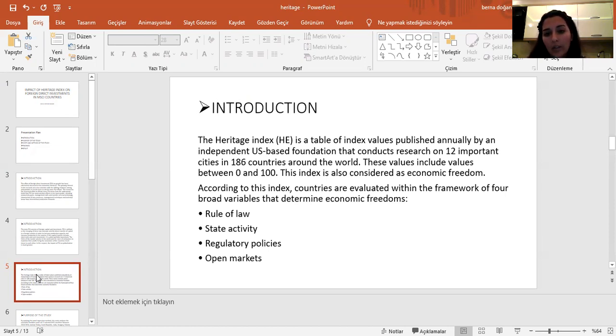These values are between 0 and 100. This index is also considered as economic freedom. According to this index, countries are evaluated within the framework of 4 broad variables that determine economic freedom: rule of law, state activity, regulatory policies, and open markets.